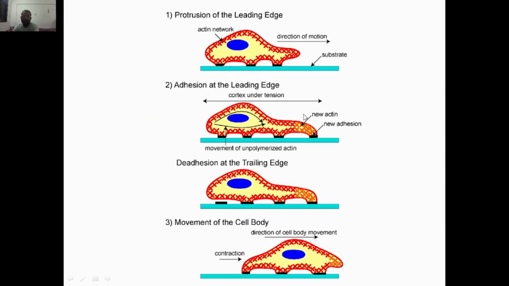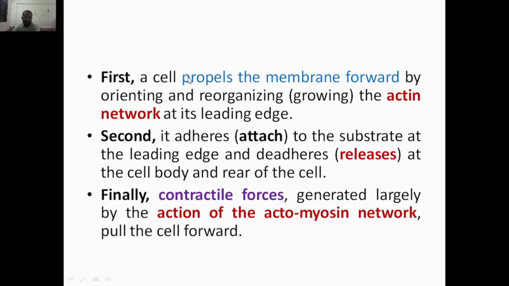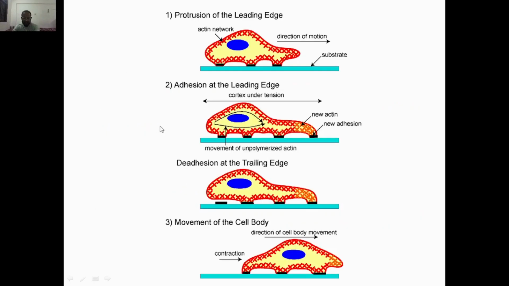Same thing we discussed: this is the protrusion of the leading edge. That means how exactly it is moving. Consider this as a substrate, with the direction of motion and the actin network. Once this actin network grows, the membrane moves forward at the front.